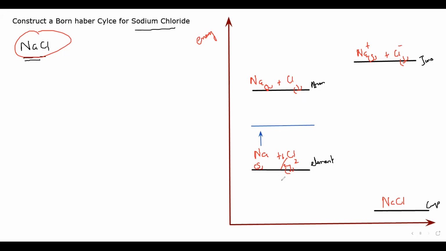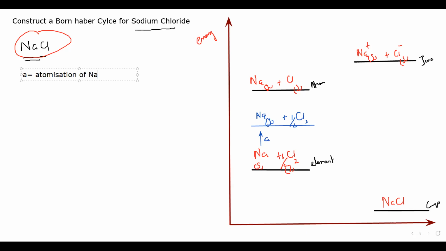It's not done directly, because two different elements are there. So first we atomize sodium. So sodium turns into a gas, and the chlorine molecule is still there. So what is label A? The label A is the atomization of sodium, Na.